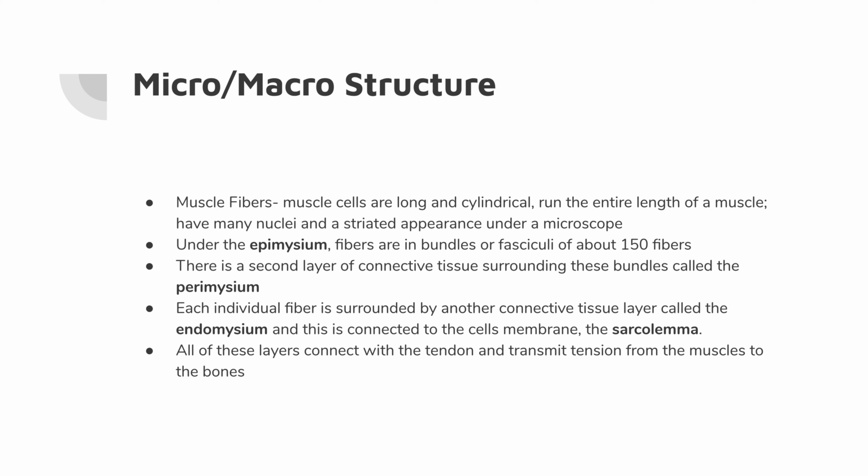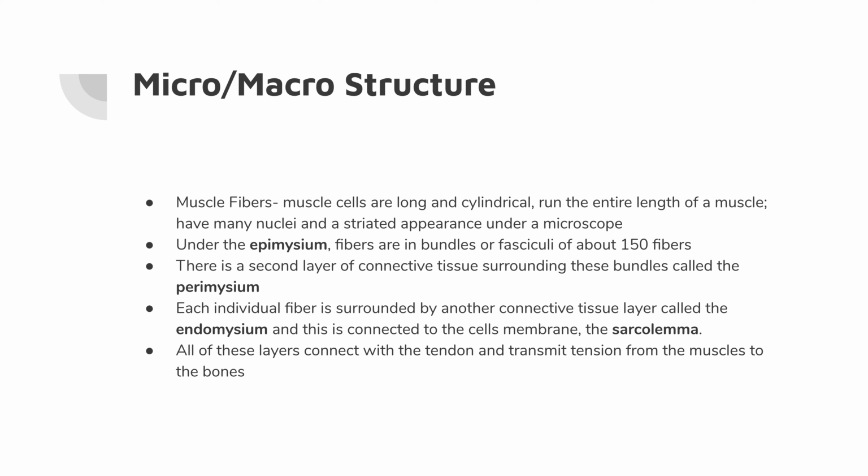Then you have each individual fiber, right? So if we're going inside of one of those bundles, each individual fiber is again going to be surrounded by a connective tissue layer called the endomysium. And then this is going to be connected directly to each individual cell's membrane. So imagine that each individual cell has a membrane, which we typically call the plasmalemma, but we're going to call the sarcolemma when we're talking about muscle cells.